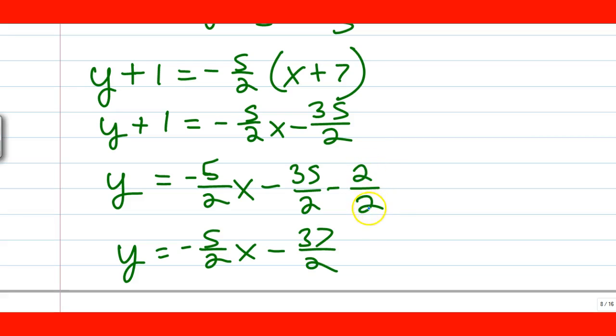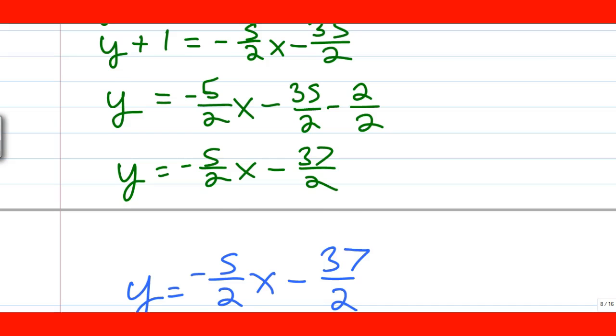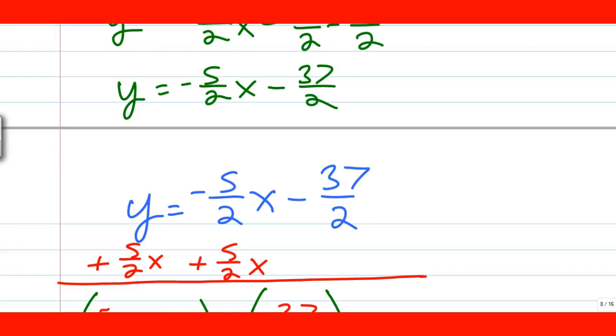It was originally a 1 over 1. It was the 1 over here that I brought over and subtracted. And I multiplied the top and the bottom by 2 so that I had a common denominator between the 35 over 2 and the second one. Now I can combine them, so I end up with a negative 35 and negative 2 for a negative 37 over 2. So now I have this problem written in slope-intercept form.